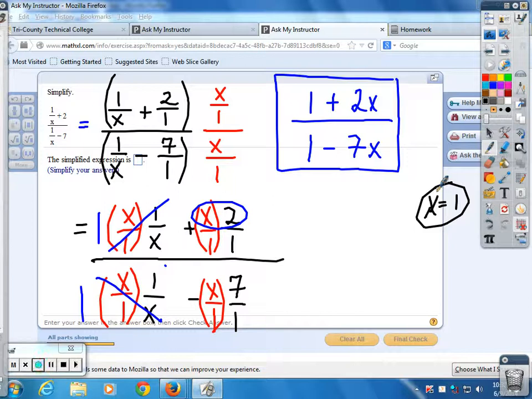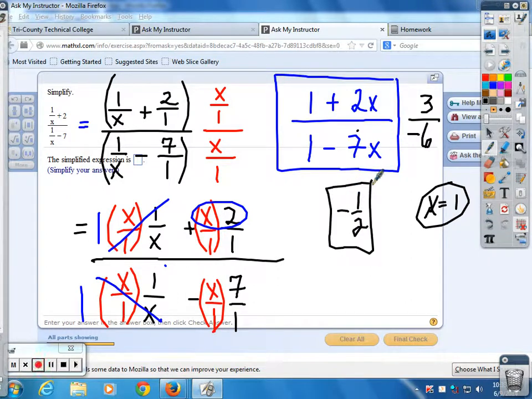Well, how did I do that so quick over here? I didn't. I did it right here. Because it's the same thing. So let's do that. What's 1 times 2? 2. Plus 1. 3. And 1 times 7. 7. 1 minus 7. Negative 6. And what's 3 over 6?